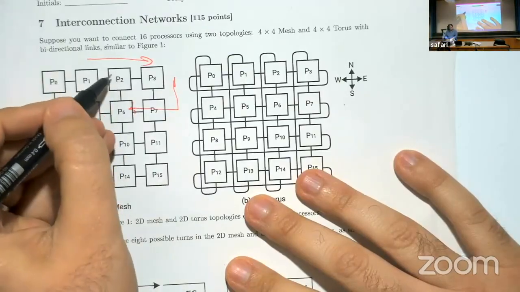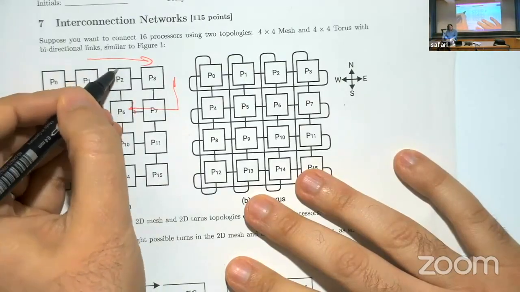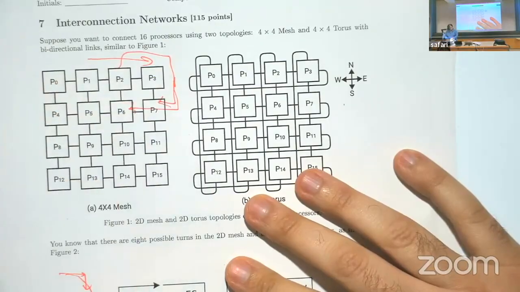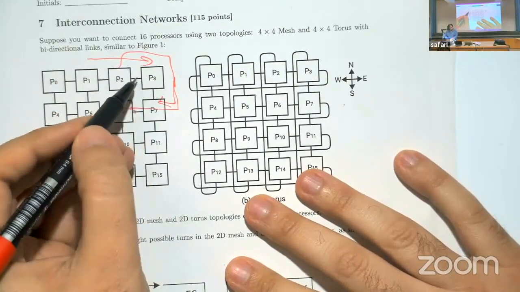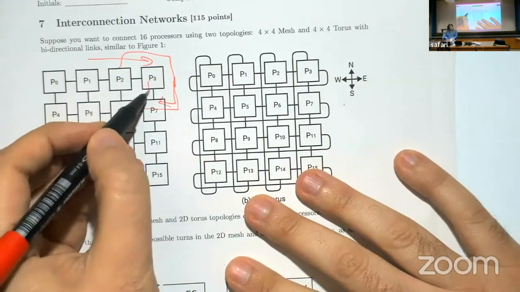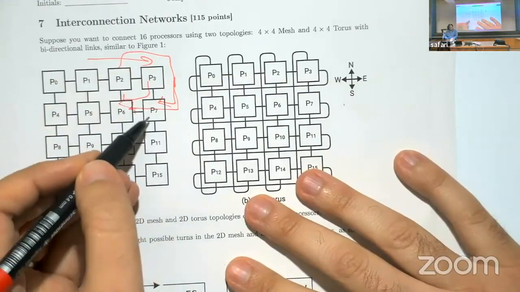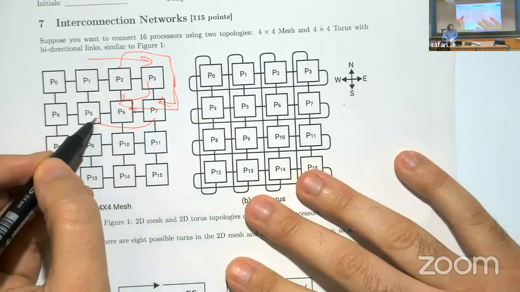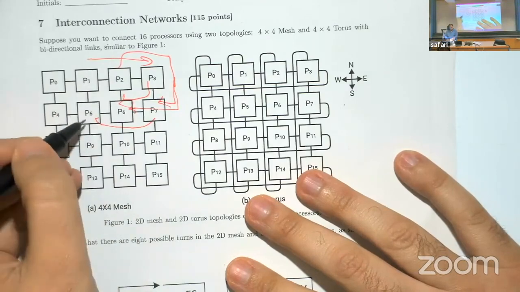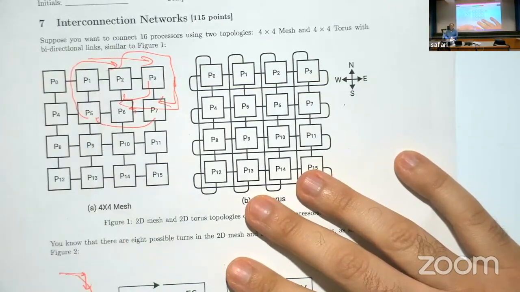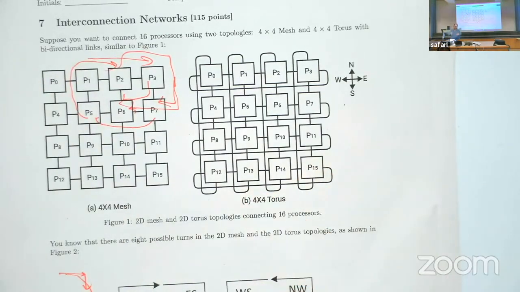P2 is sending to, for example, P7. P3 also wants to send something to P6. P7 is sending to P5. And for example, P5 is sending to P2. I mean, there should be circular accesses.